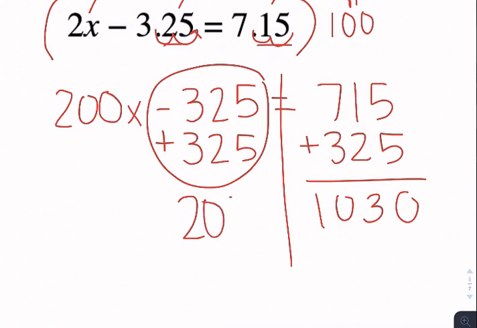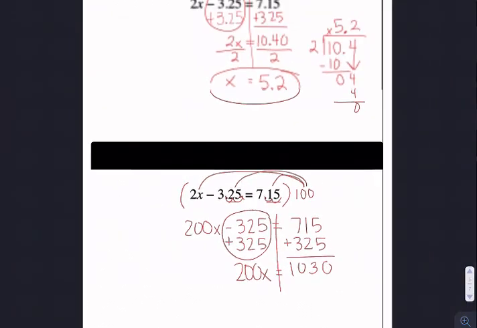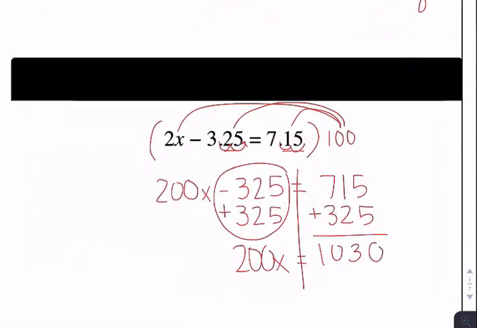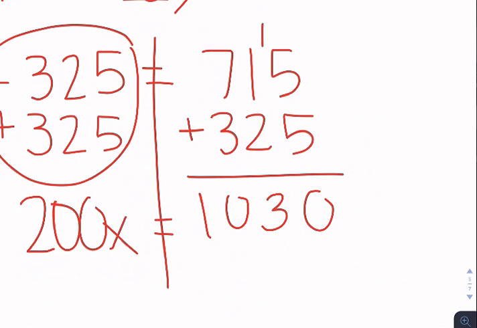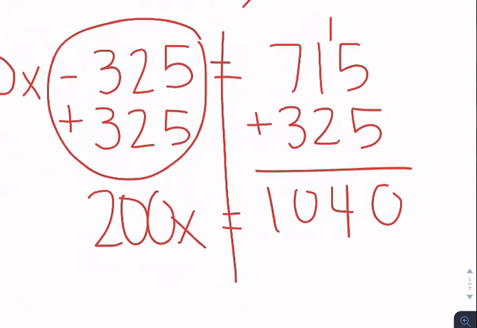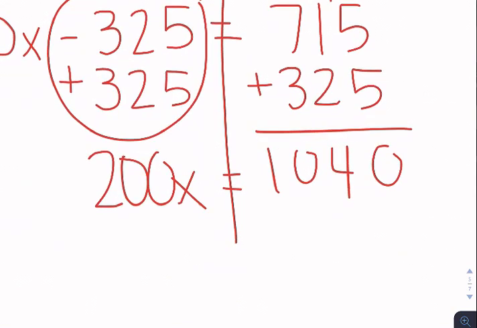I get 200x equals, goodness gracious, I knew I made a mistake. 5 and 5 is 10. I need to carry my 1 up top there. Okay, so I get 200x equals 1040.